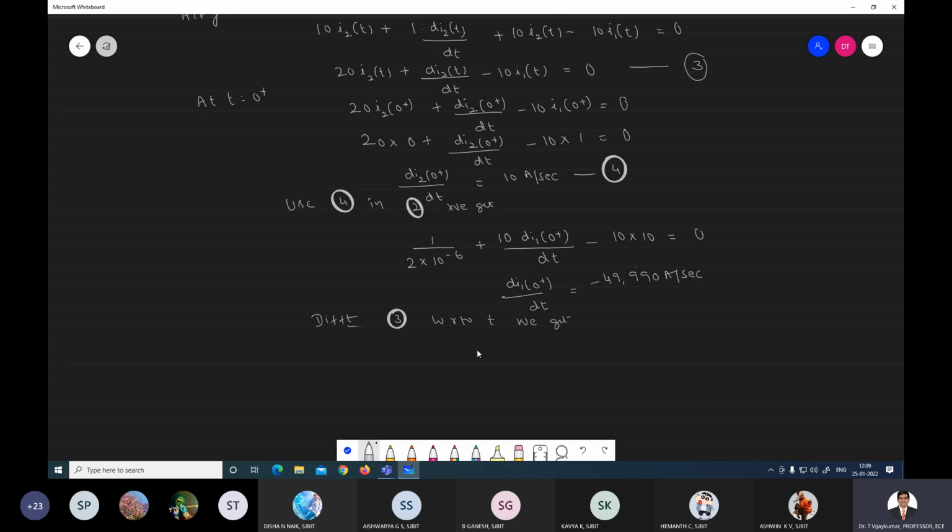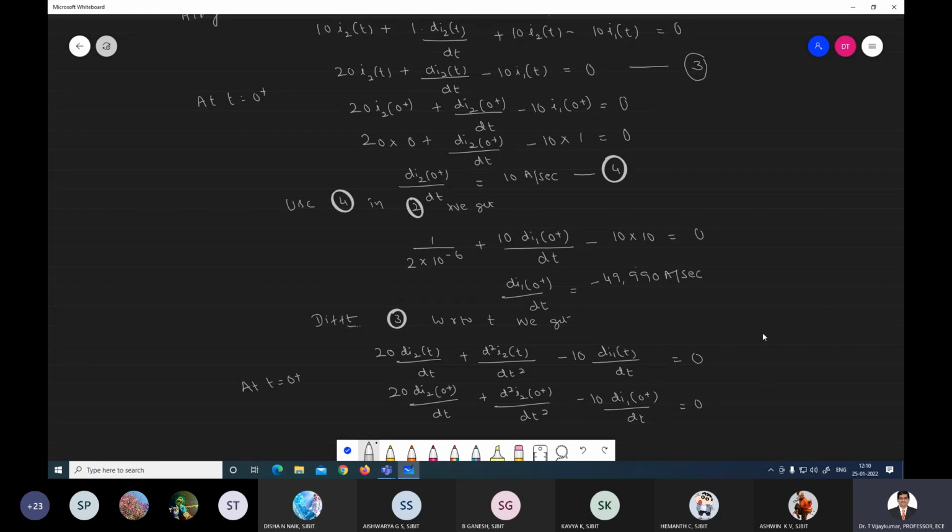We get 20 into di2/dt plus d square i2(t)/dt square minus 10 di1(t)/dt is equal to 0. At t is equal to 0 plus, this is 20 into di2(0+)/dt plus d square i2(0+)/dt square minus 10 into di1(0+)/dt is equal to 0.